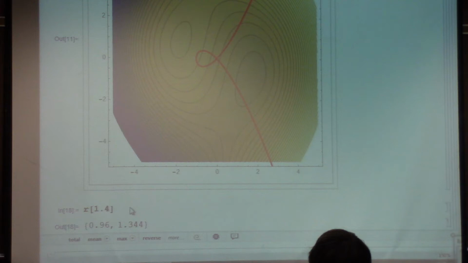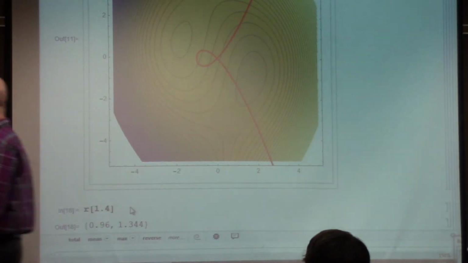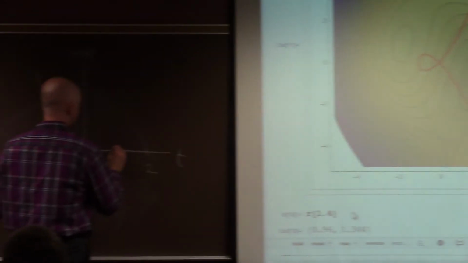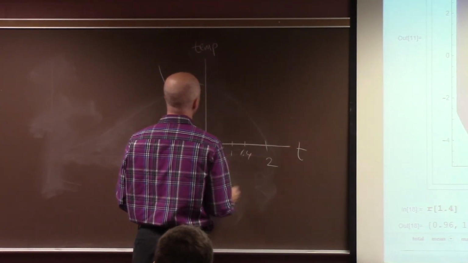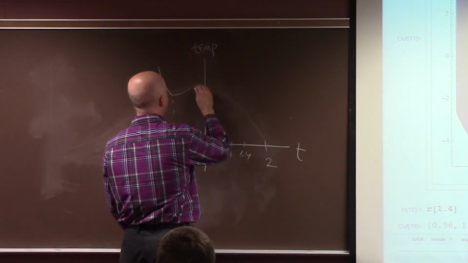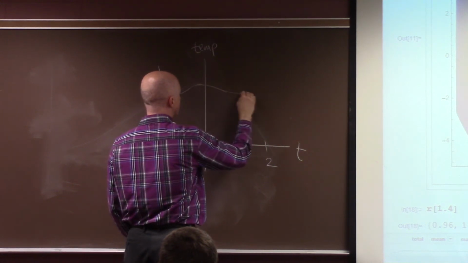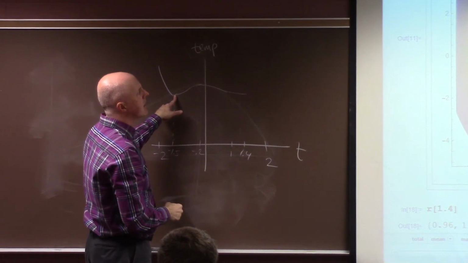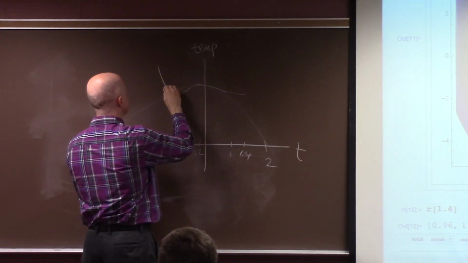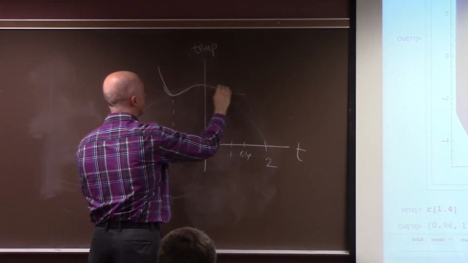Just eyeballing it, that seems to be pretty close when t is 1.4. There it seems like we're going to have some other local minimum. Does it go lower than this one? No, it shouldn't. It should be higher than this one. This one's going to be lower.